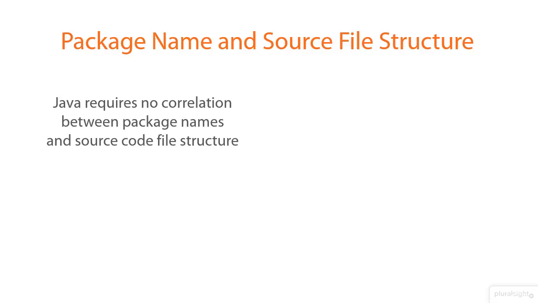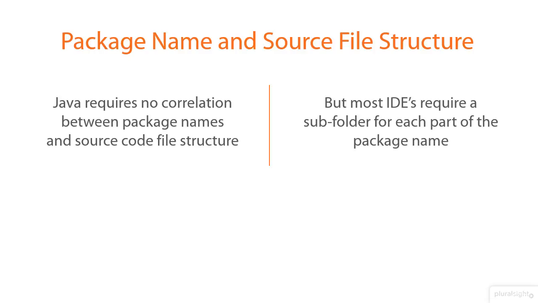That's Java itself. The thing is, most IDEs do require your subfolder structure to match up to the parts of the package name. So even though Java doesn't require it, we can almost ignore that, because in practice, most tools that you work with are going to require that your source file structure match up to your package names.